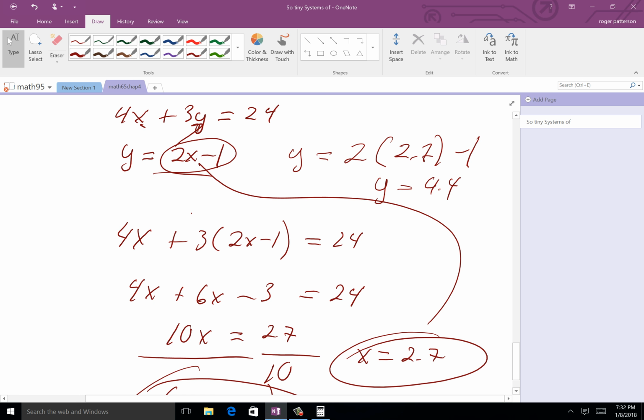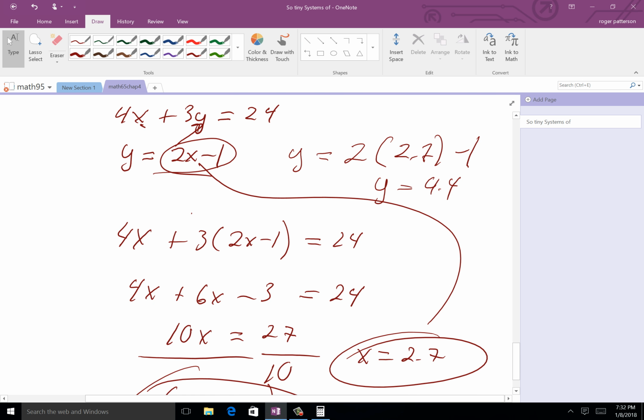Here's a question that you asked about putting it in, right? So 4x plus 3y equals 24. There it is. So let's see if I got it right. Did we get 2.7 and 4.4? Yeah. There it is. Okay, so you're feeling good, right?